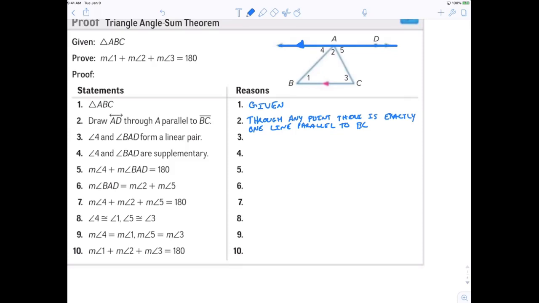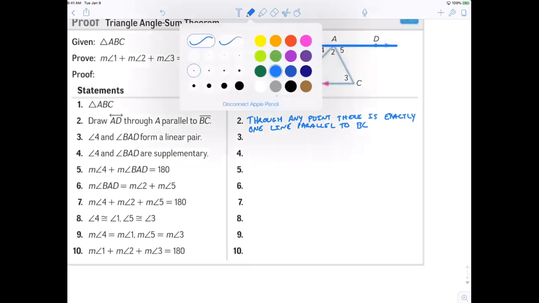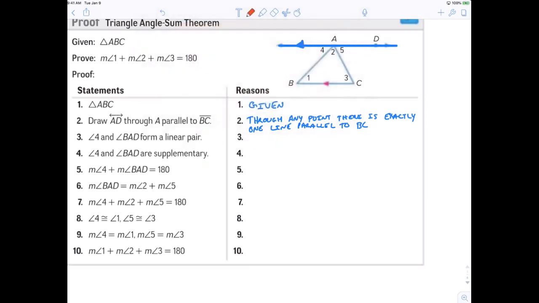Everybody okay with that? Now let me show you again how simple it is to prove this. The first thing we want to do is say that angle 4, and let's highlight it so we can see it, angle 4 and BAD form a linear pair.